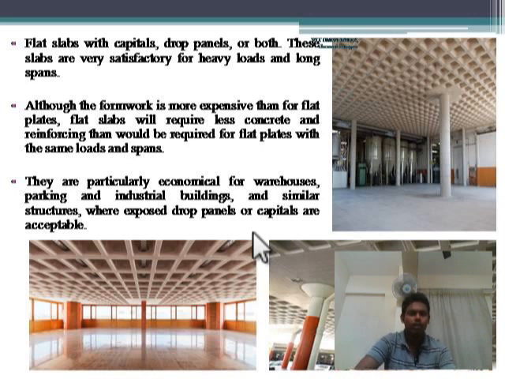Although the formwork is more expensive, the flat slab requires less concrete, which reduces cost compared with what would be required for flat plates with the same load and spans. They are particularly economical for warehouses, parking and industrial buildings, and similarly structures where exposed drop panels or capitals are acceptable.